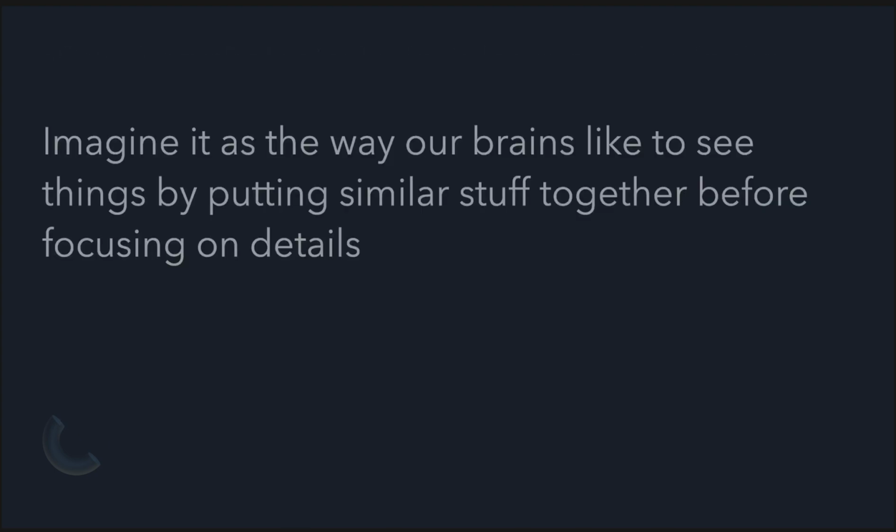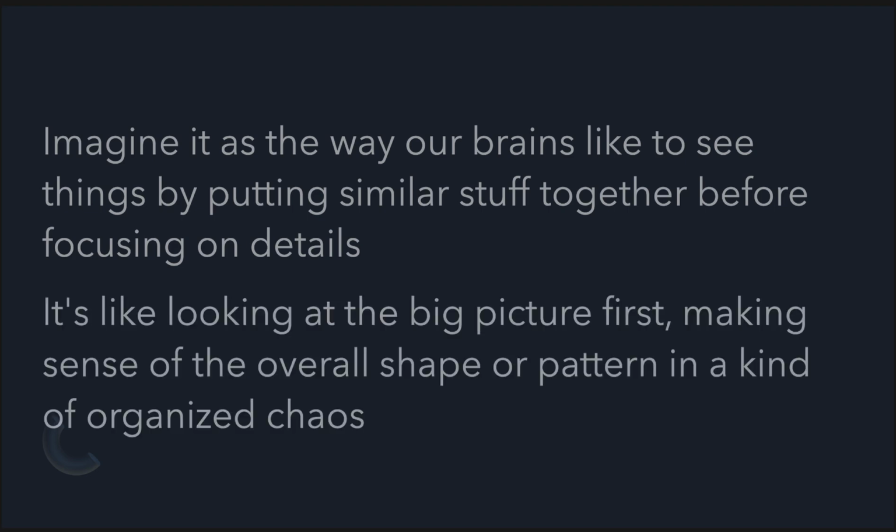I want you to imagine it as the way our brains like to see things, because we have this natural inclination to focus on details. With Gestalt theory, it's kind of like looking at the big picture first, and then once we've looked at this big picture, we try to make sense of what parts of the picture go together, so that there is not a sense of overall chaos, that we are able to see some type of pattern that's there.